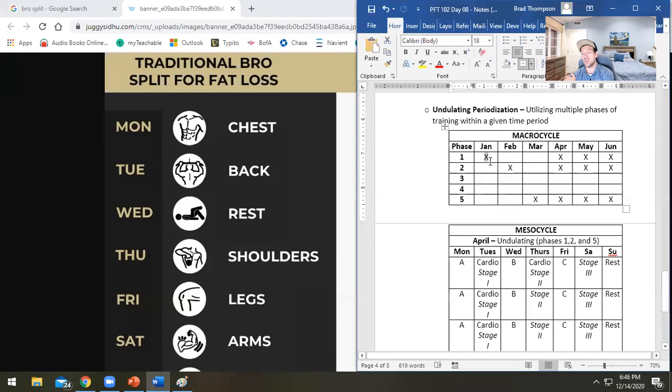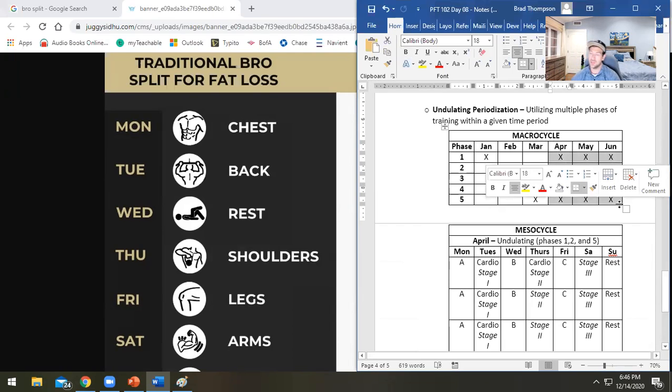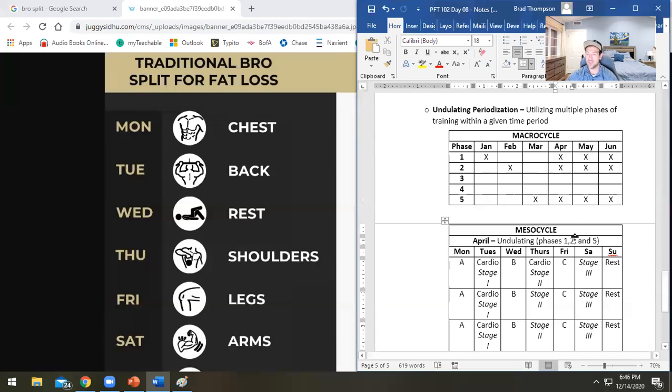You can see we've got linear periodization here, where they're in January, February, March: phases 1, 2, 5. But then you can see I've got 3 things marked for each month here. So they're doing phases 1, 2, and 5 in April, May, and June. That means chances are this is when my athlete's season starts. This is probably right at the end of the preseason, and then they're going right into the overall season for their sport. I don't want them to lose that stabilization, that strength, or that power. So I'm hitting a little bit of it every single time.